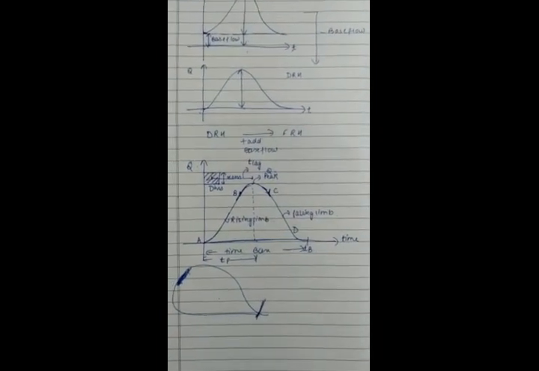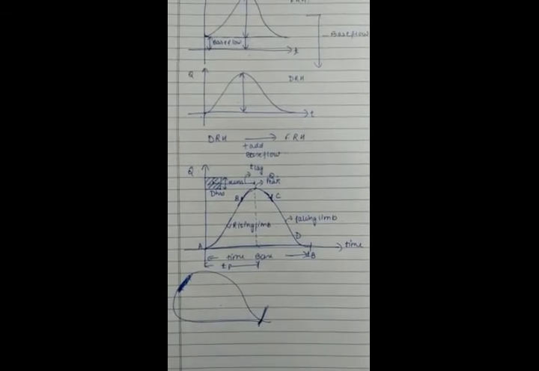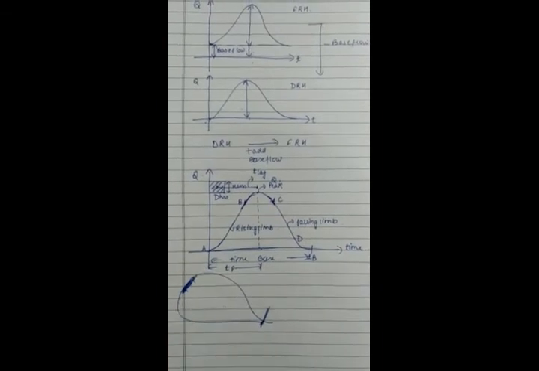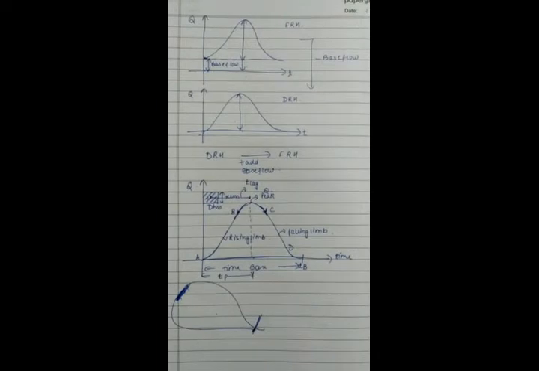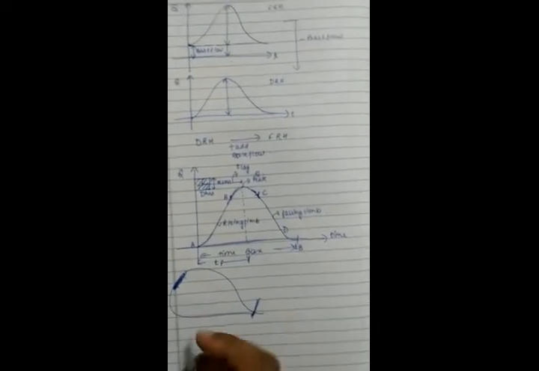So these B and C are called inflection points, just like we have inflection points in beams. So in the SFD and BMD we have inflection points, the point where the elastic curve changes its shape. So that is nothing but this. So this you see is nothing but the components of the hydrograph that we have discussed.